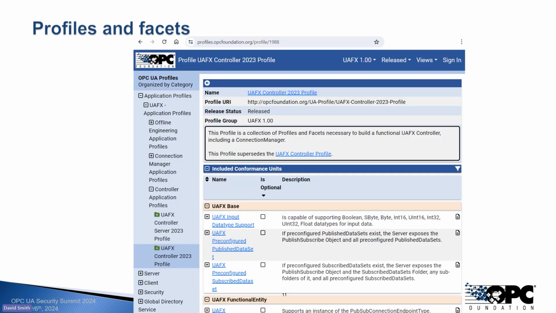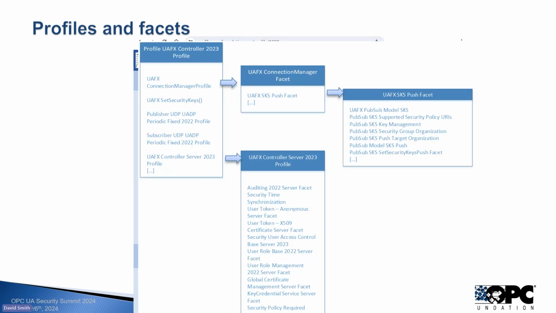And the last mission that we had was standardization. We do have a number of profiles and facets that were created. Paul highlighted those as well. They are available right now on the UA profile page. The biggest thing to look at would be this UAFX controller profile 2023. For security, it breaks down into a number of different profiles and facets.